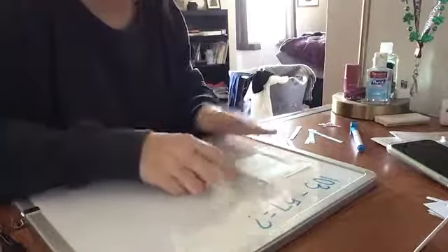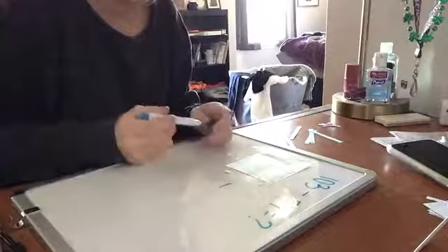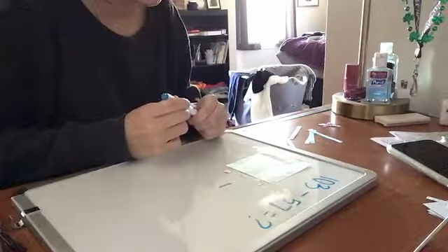103, we have our flat and our 3 units, and I'm subtracting, so we put our minus sign, 57.